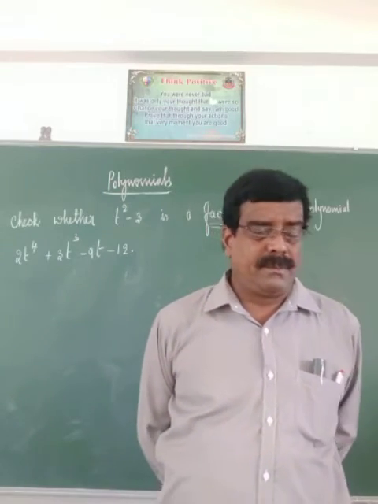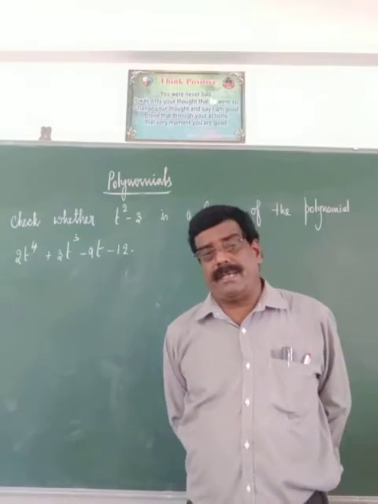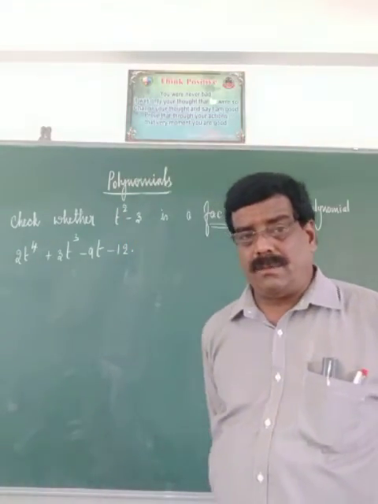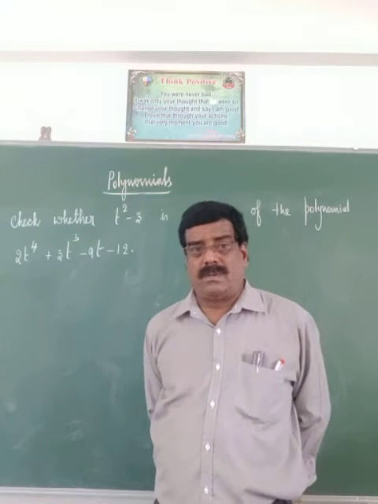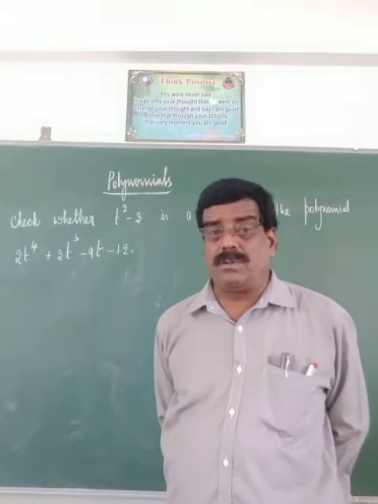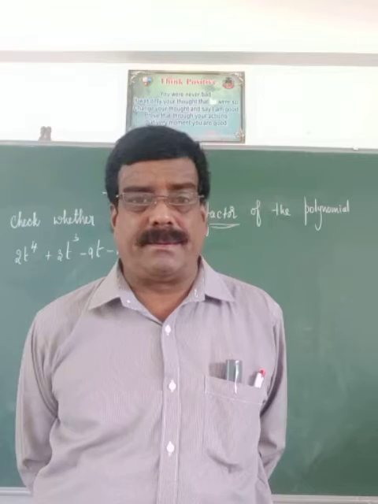For example, let me say now 10 and 3. If we divide 10 by 3, 3 3s are 9. What's the remainder? Good. 1. 1 is the remainder, children. Since 1 is the remainder, what is the conclusion? 3 is not a factor of 10.